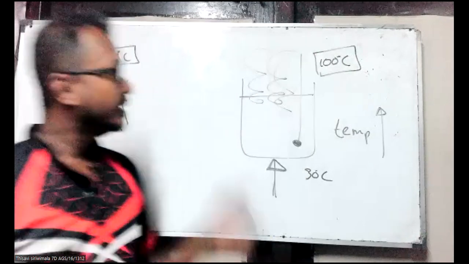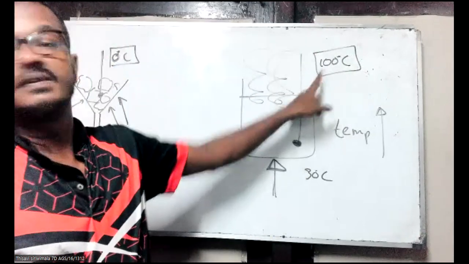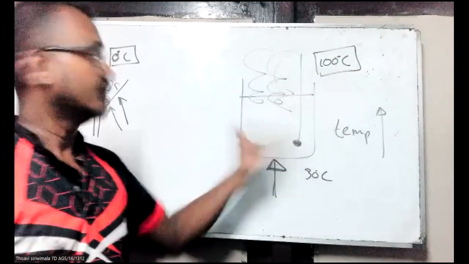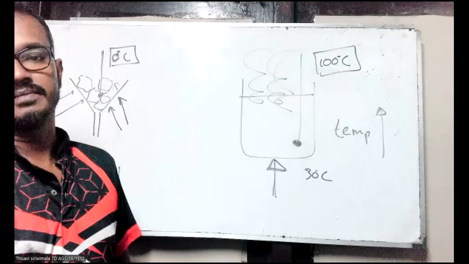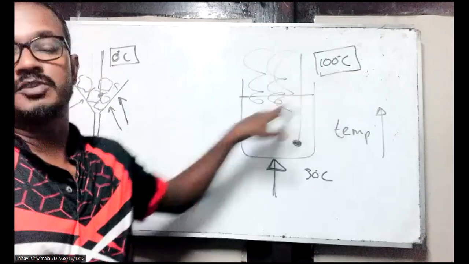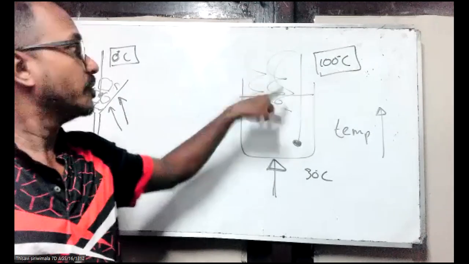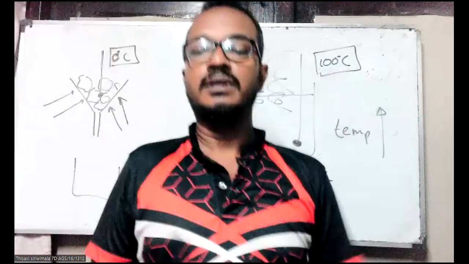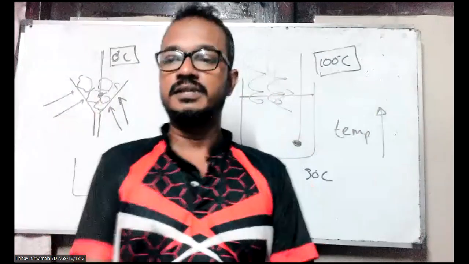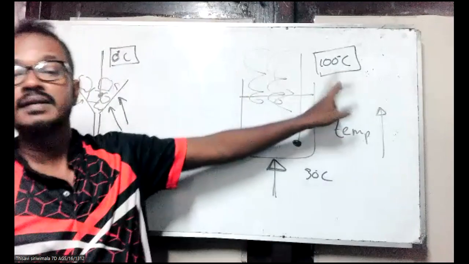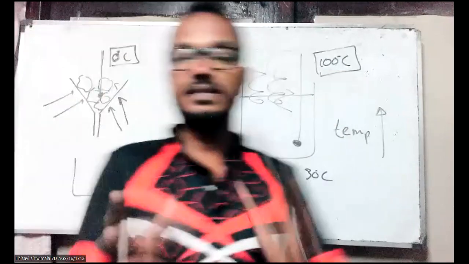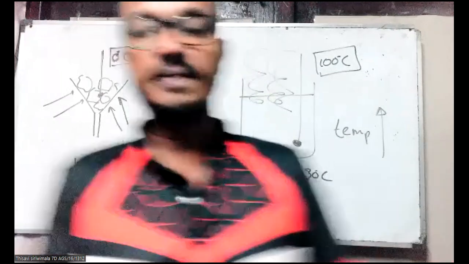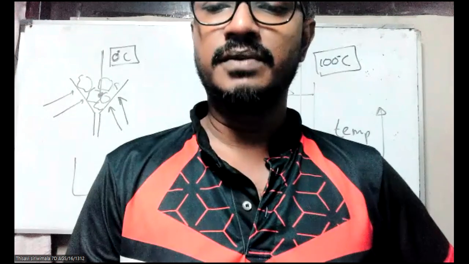In other words, here also, you will never be able to increase the temperature of water over 100 degrees because of the boiling point. And this is the maximum temperature possible for water at 1 atmosphere. If you want to increase the temperature of water above 100, you have to use a pressure cooker or you have to increase the atmospheric pressure. Then only you can achieve a higher temperature than this. Right? So within the pressure cooker, the temperature of boiling water is more than 100, maybe 120. Right? Okay, we'll continue reading.